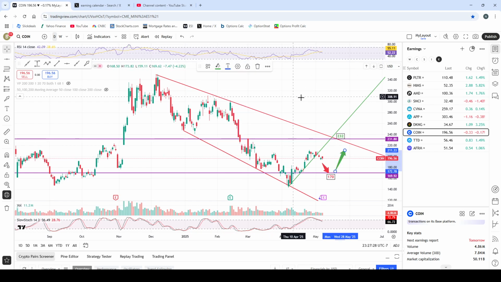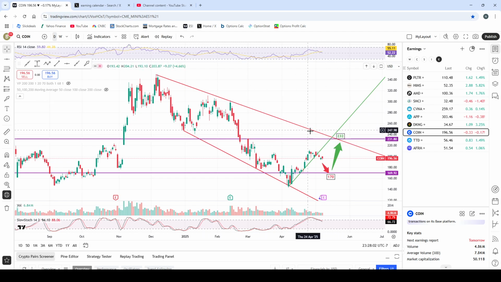So this also has a chance of coming back down to test the previous low. But it's earnings season, we don't know. So when it gets really good earnings, the stock may, instead of correcting, go and break the red line, the trend line resistance, and the previous high right here.